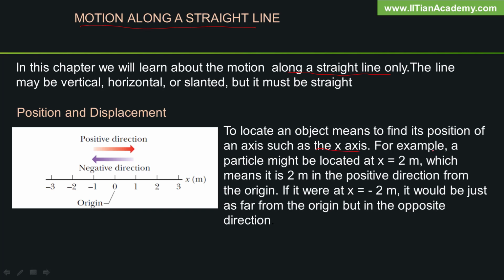For example, a particle might be located at x equals 2 meter, which means it is 2 meter in the positive direction from the origin. If it were at x equals minus 2 meter, it would be just as far from the origin, but in the opposite direction.